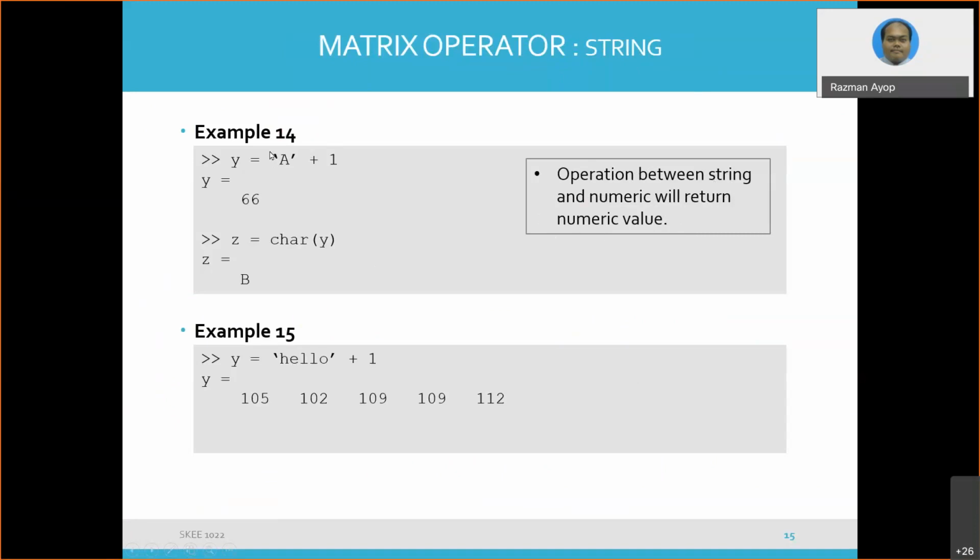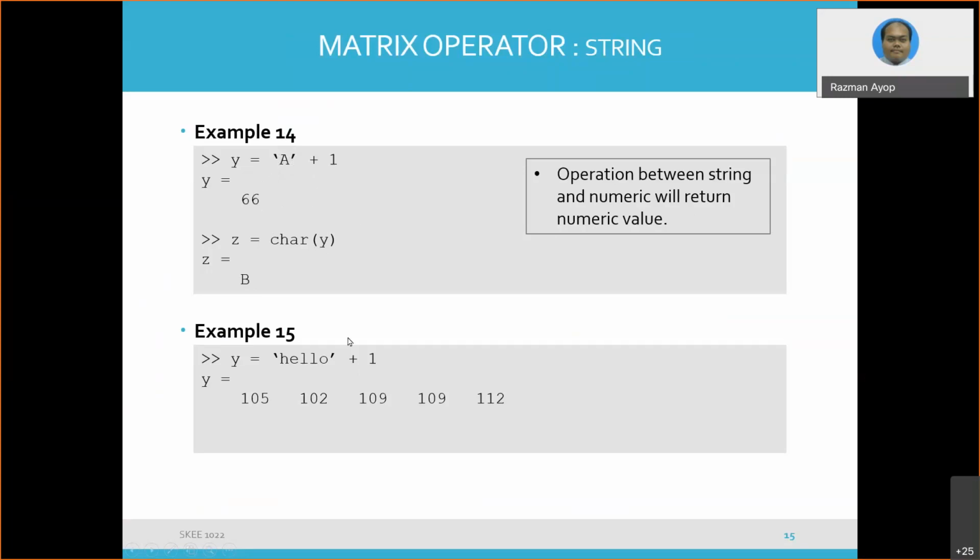Remember that A has a number, B has a number, C has a number. Even though I don't remember what the number is, assume A is 65. 65 plus 1, you get 66. And 66, if you change to character, is B. So A is 65, B is 66, C is 67, and so on.